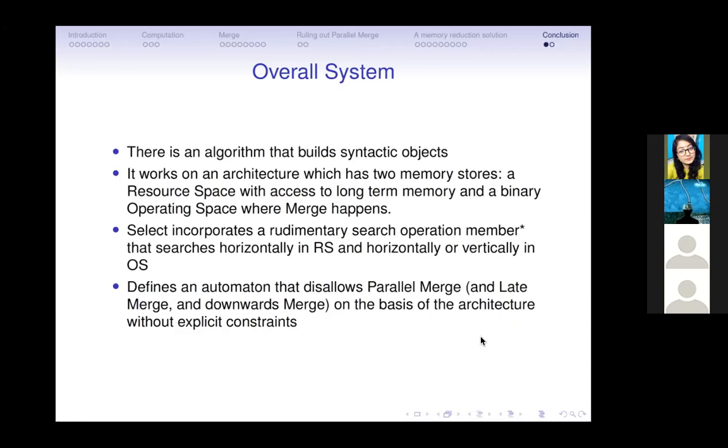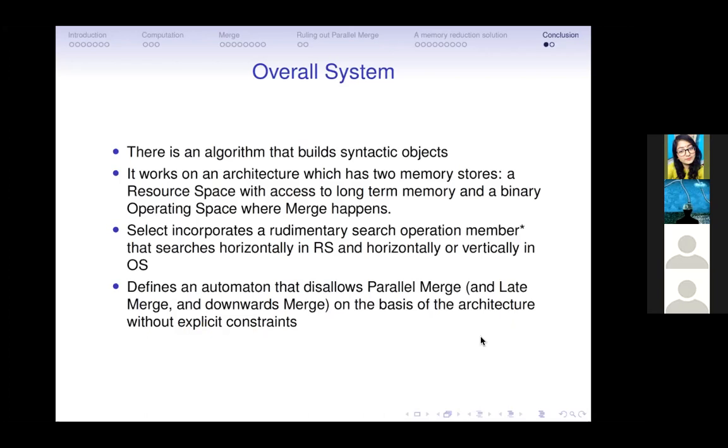The overall system I've suggested is that there is a restriction on how we human beings do this, okay? And that restriction still allows us to say the things we need to say. It just allows us to say them within the confines of human syntax, the thing that binds us together.